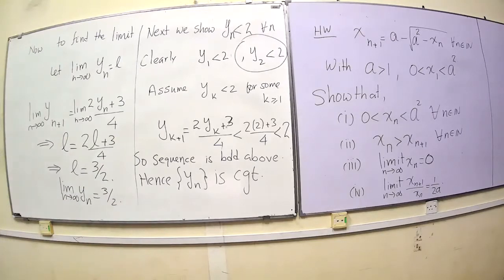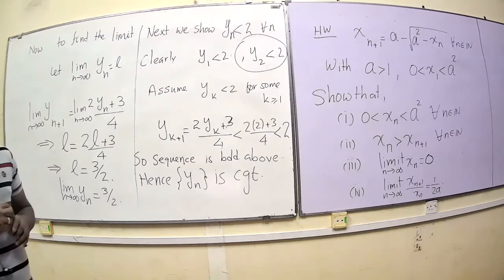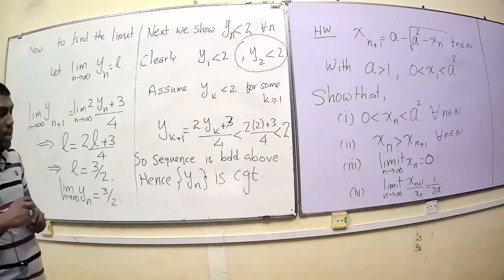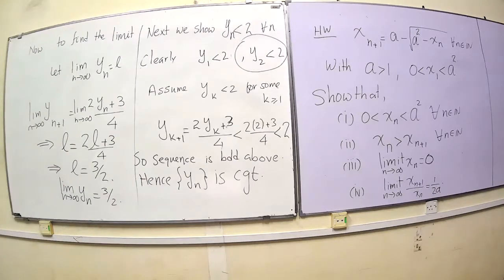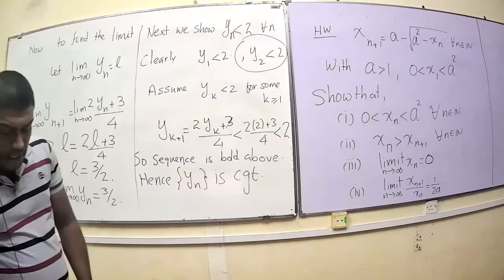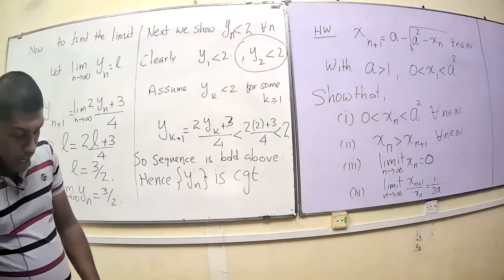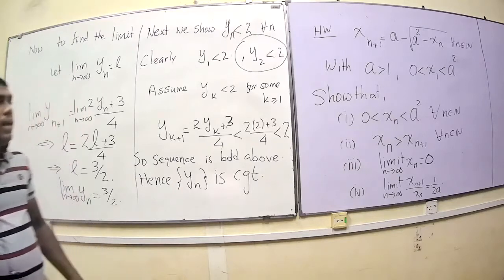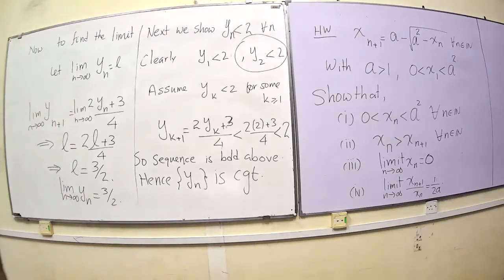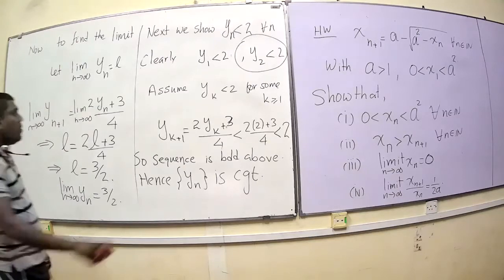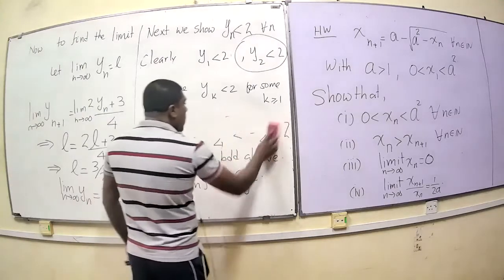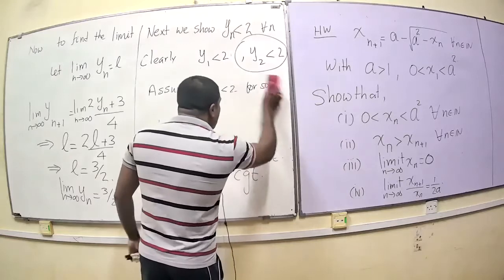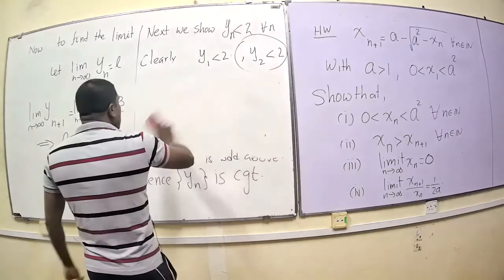Right? So now I'm going to do another example or exercise which is quite interesting and a little bit challenging also. That is where we are trying to show that the Euler number e exists. At the very first day of the class, we talked about numbers.